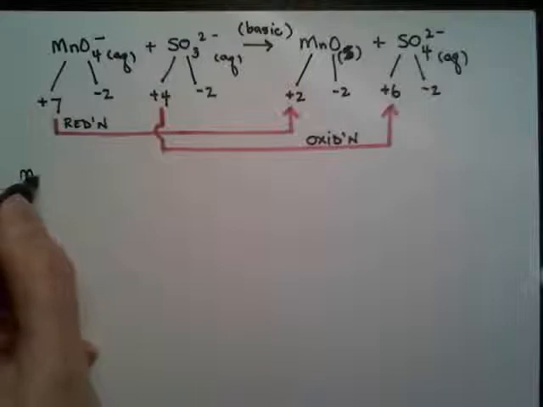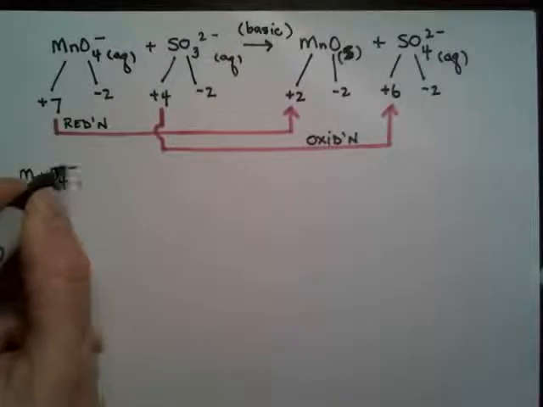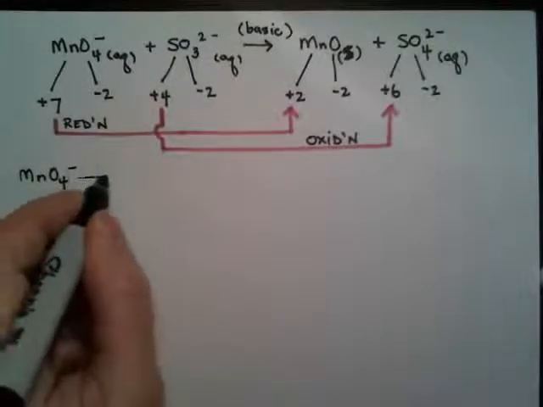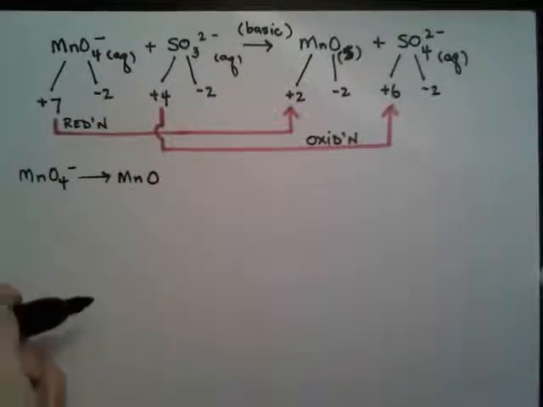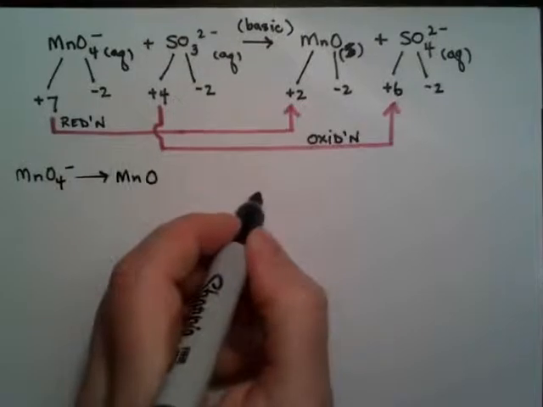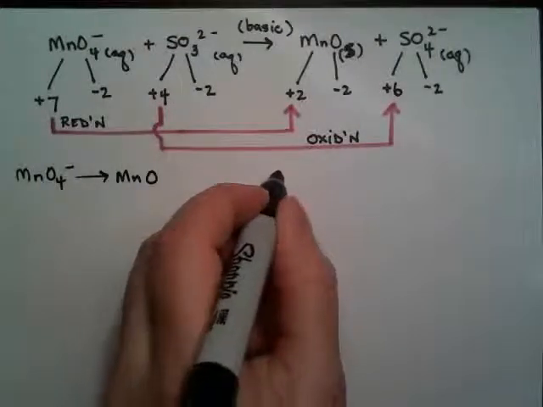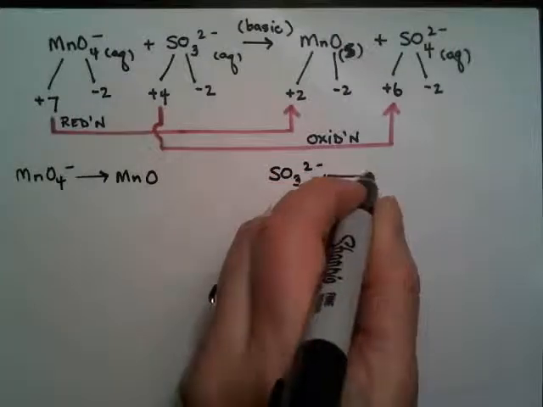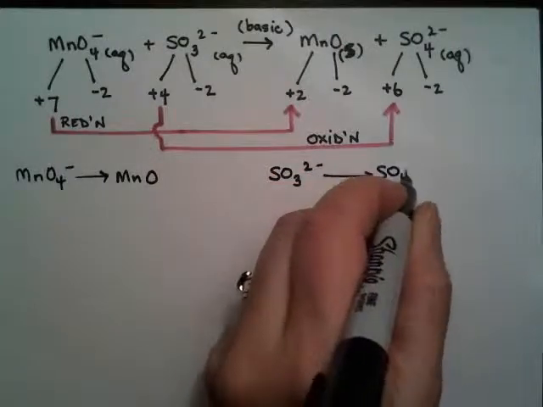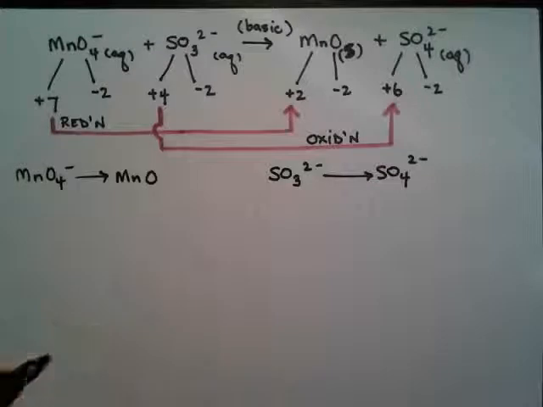Reduction half reaction. MnO4- goes to manganese oxide, MnO. In the oxidation half reaction, sulfite goes to sulfate. That's it.